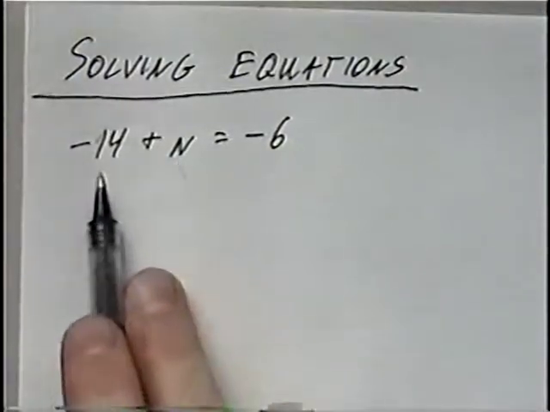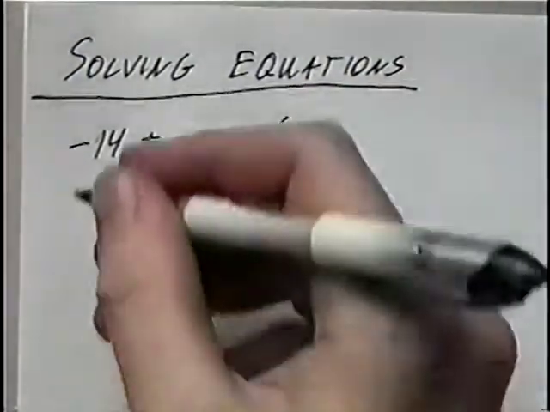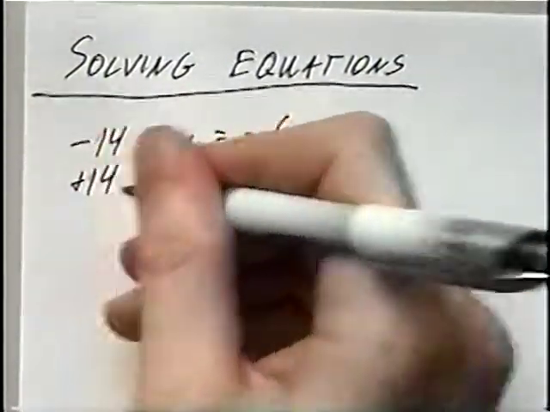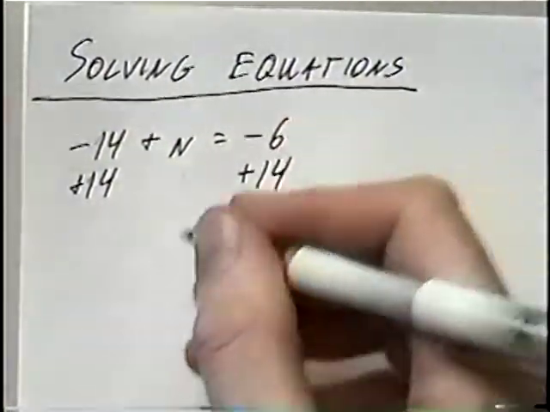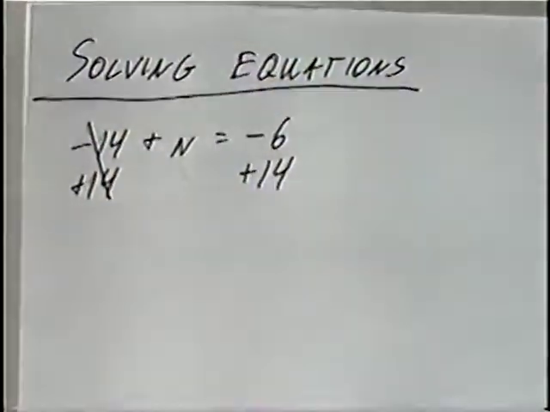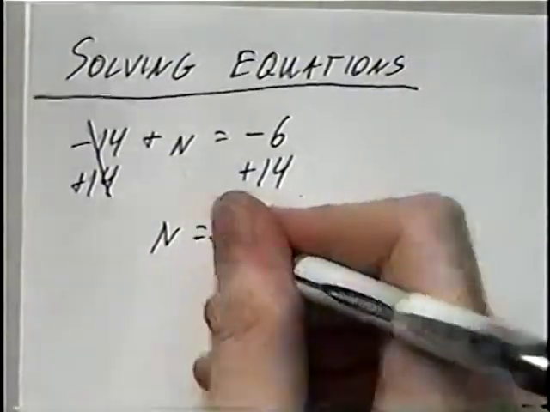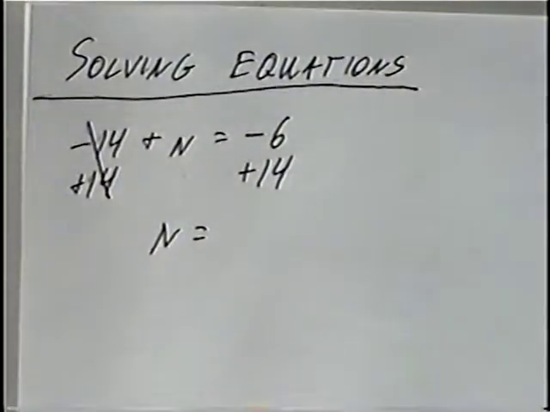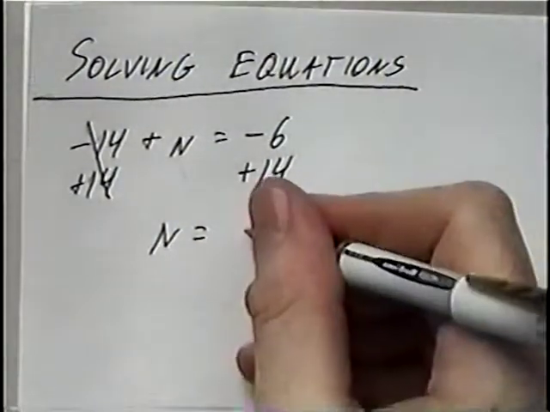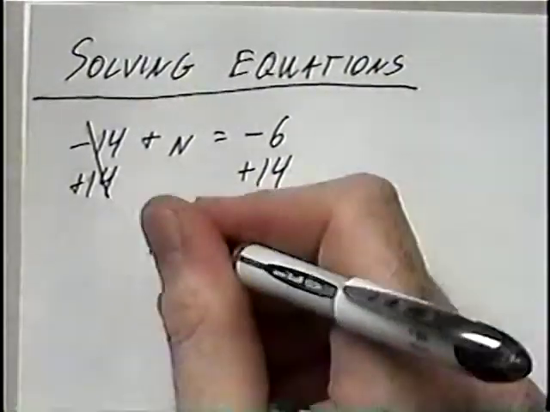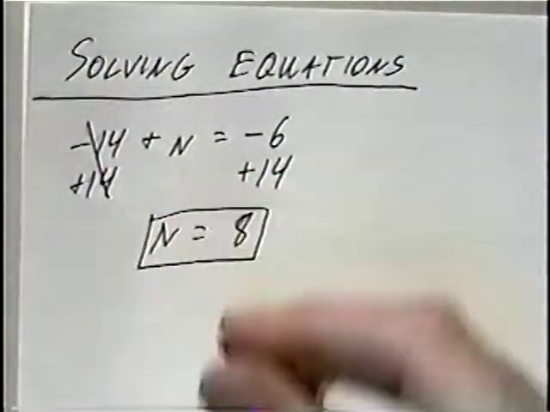Solving for n, we can get rid of the negative 14 by adding 14 to both sides. Negative 14, positive 14 would cancel, and negative 6 plus 14 would be 8. So the answer is n equals 8.